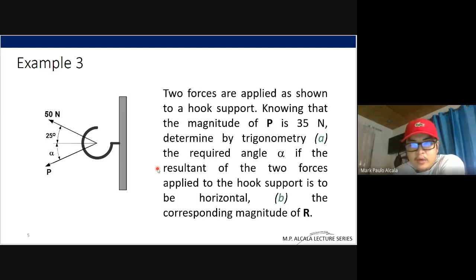In this diagram, P is 35 newtons. We are tasked to identify the required angle and the corresponding magnitude of R. But some conditions are given here, such that the resultant of the two forces applied to the hook support is to be horizontal.